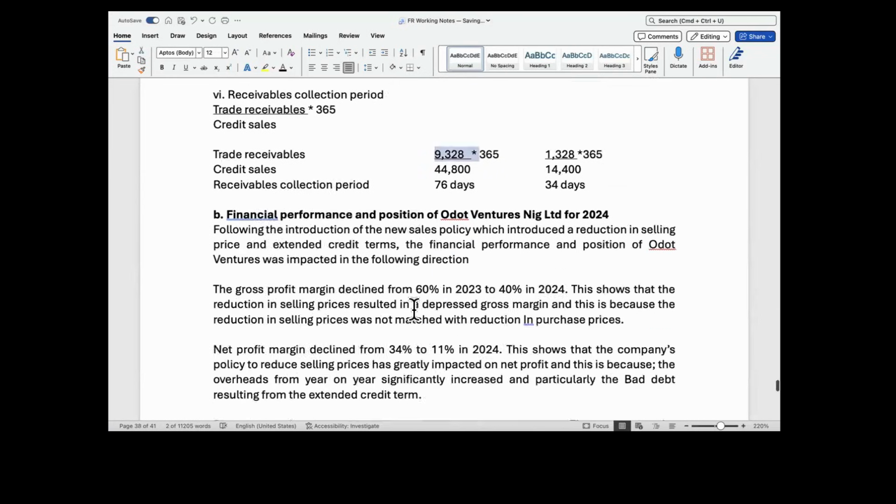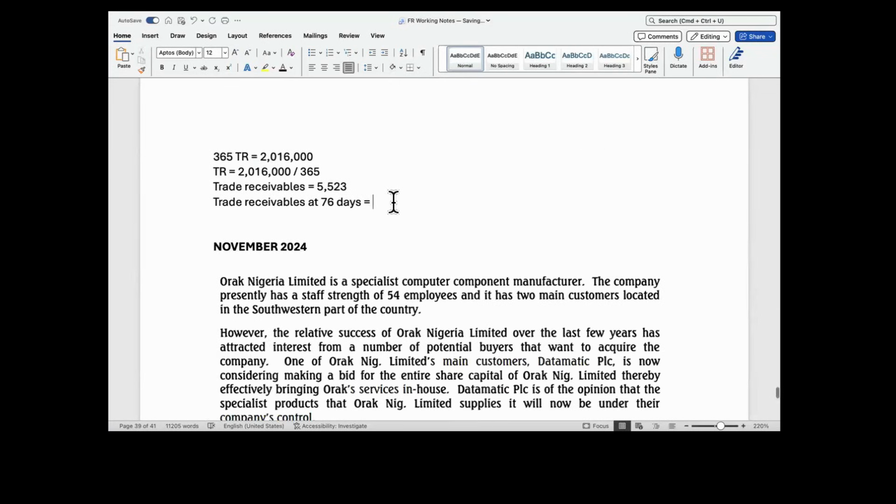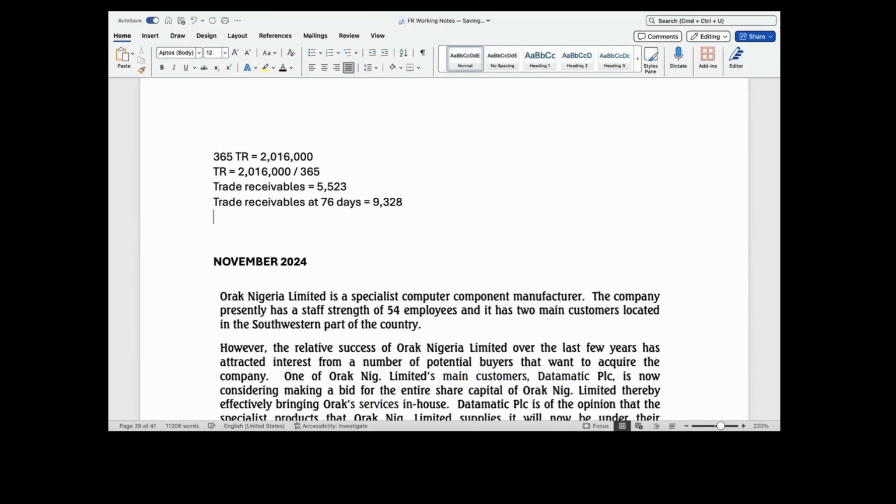It's 9328. So what's the reduction in trade receivables, which is the same thing as the additional cash available that we're going to have? 3,805, which is this minus this. And this is the answer.